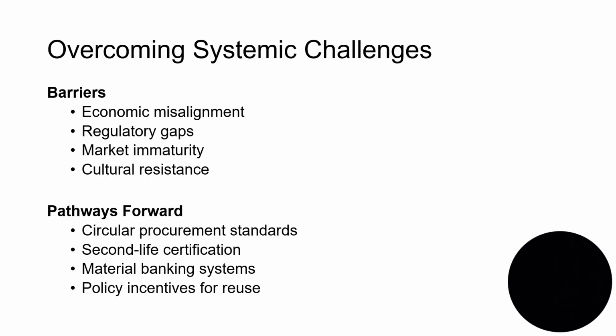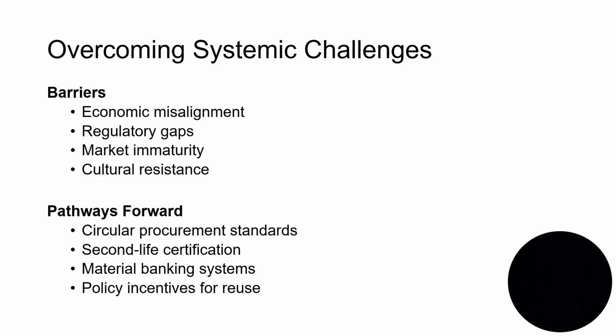Despite progress, significant barriers remain. Economic misalignment, where the developer who invests in circular features rarely captures the end-of-life value. Next, regulatory ambiguity. Building codes do not account for reused components. Market immaturity. There is no established marketplace for certified used building components.